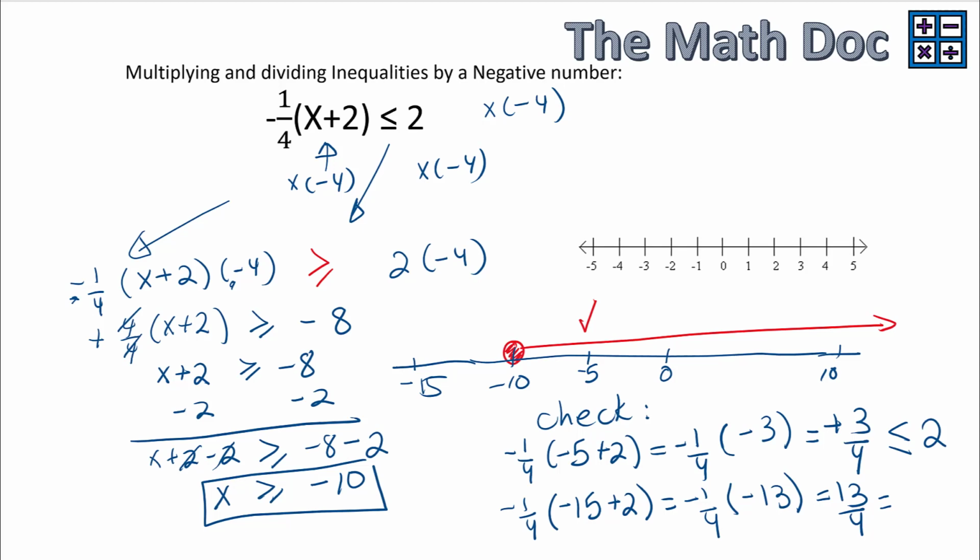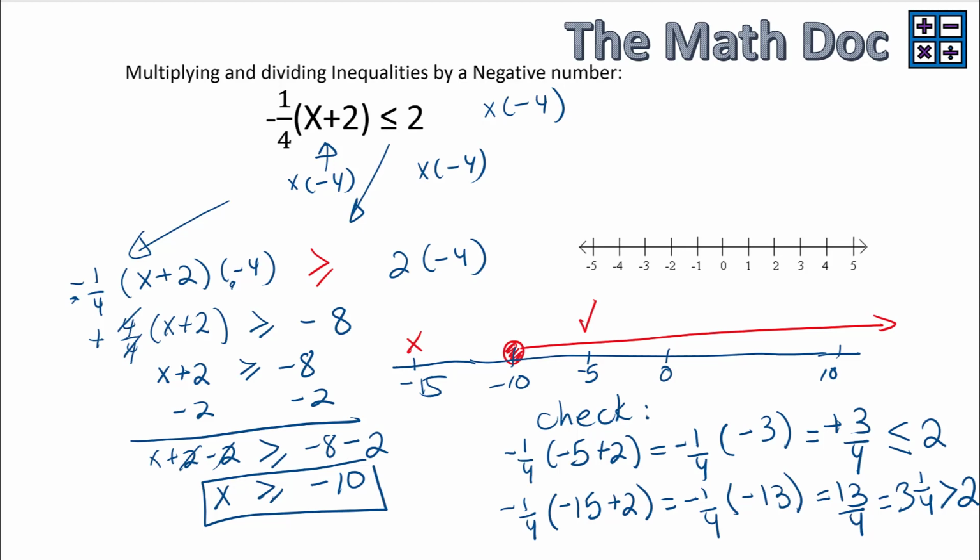We have 12/4 is just 3, right? So we have 3 1/4. 3 1/4 is actually larger than 2, right? So at negative 15, we do not satisfy this inequality. Okay, so the two numbers we've checked show that our result is correct.